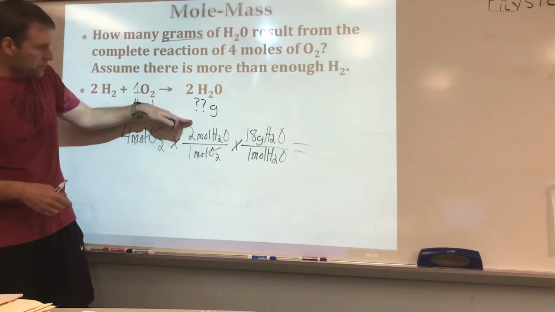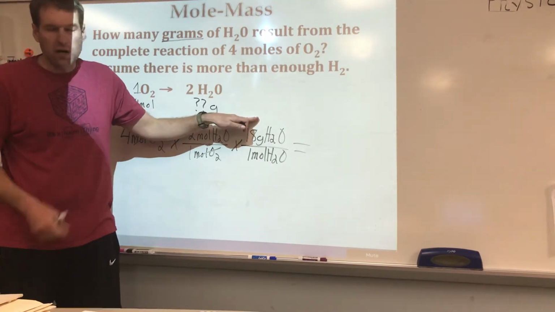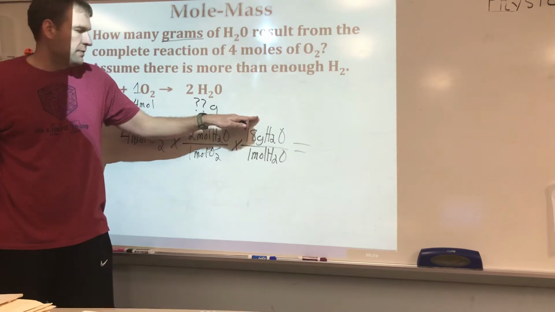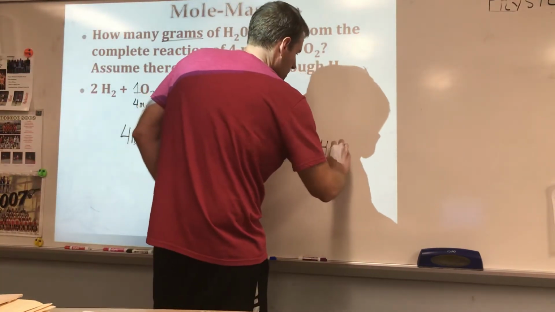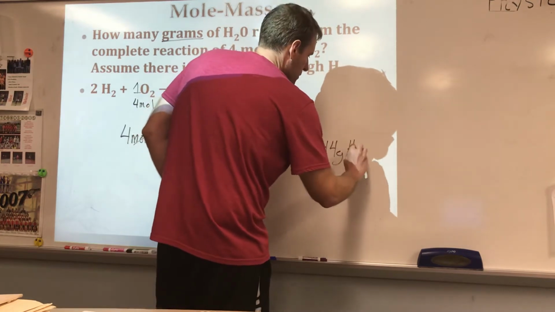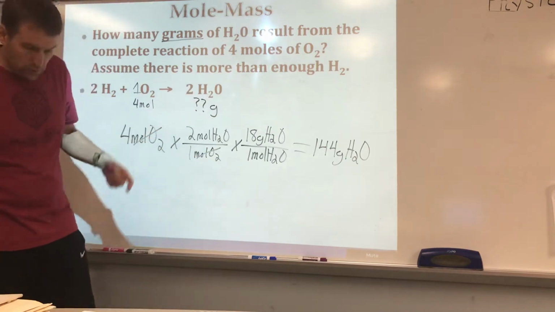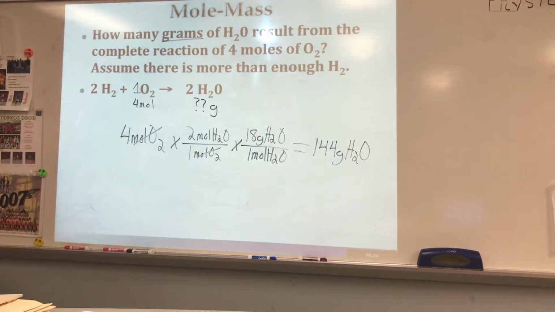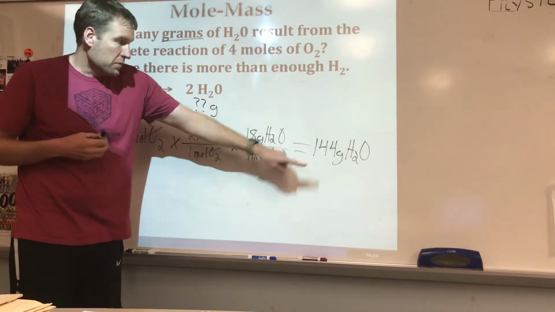So 4 times 2 is 8. 8 times 18 happens to be 144. So that would make 144 grams of H2O.